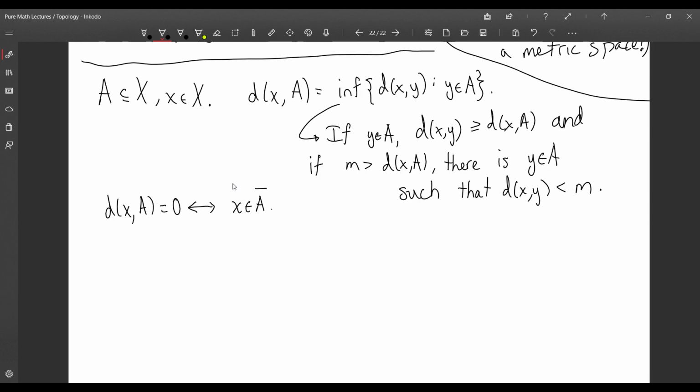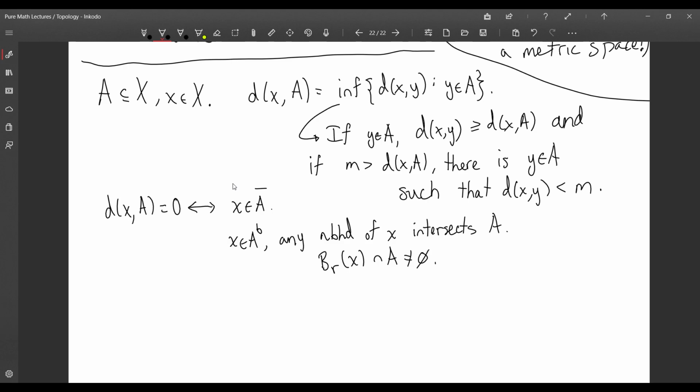So you might expect that this distance is 0 if and only if x is in A, not the closure of A. But the reason we can allow the closure is that if x is in the boundary, then any open set, or really any neighborhood of x, intersects A. In particular, any ball of radius R intersects A.